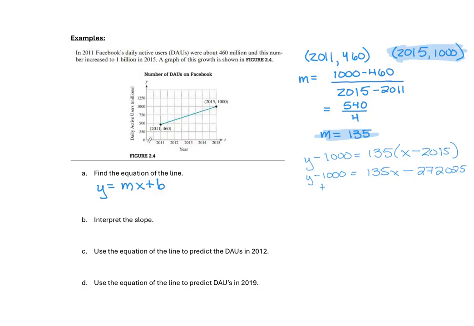We can add 1000 to both sides, and we get y equals 135x minus 271,025. And that is going to be our equation.